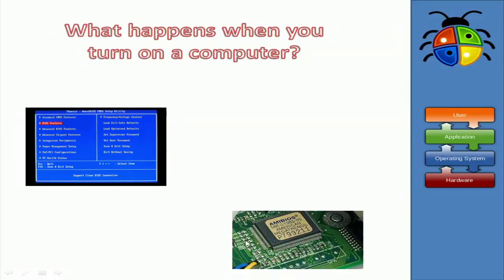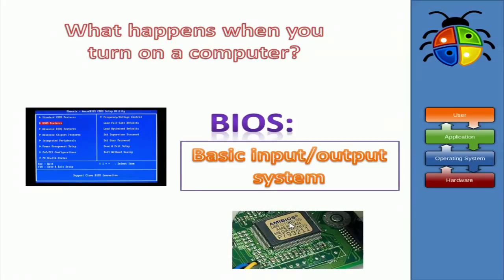And that spark, that thing that starts everything off, is your BIOS. So BIOS stands for Basic Input and Output System. So what happens is on your motherboard, on a chip, a ROM chip, we'll come back to RAM and ROM later if you haven't done before.